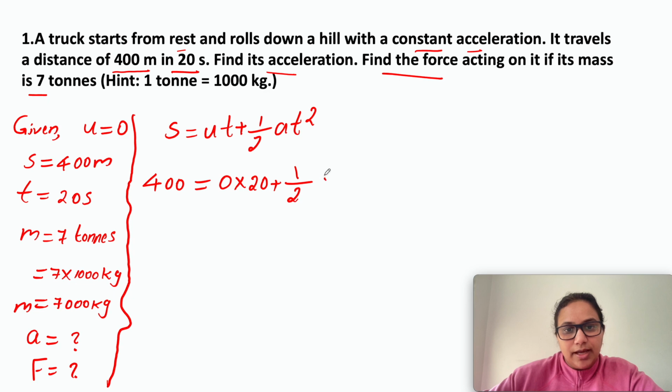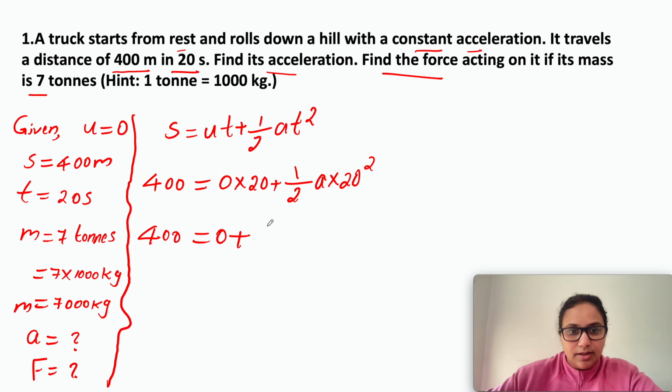We need to calculate the acceleration, and time is 20 square. So 400 gives 0 plus, 20 square is 400. So 400 divided by 2 a. So we need to get this a value.